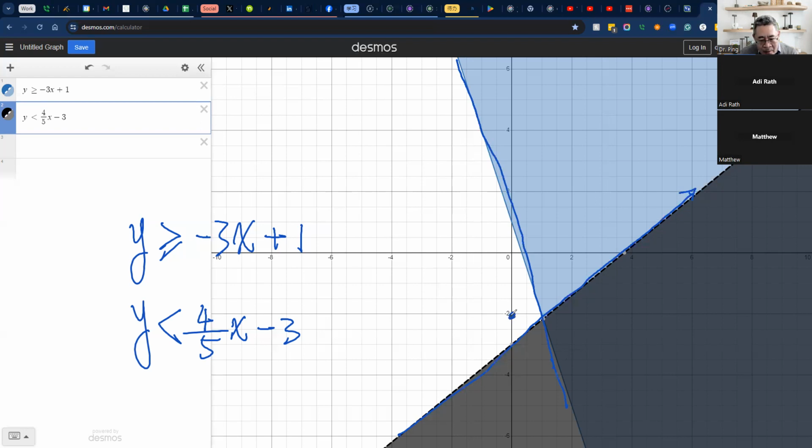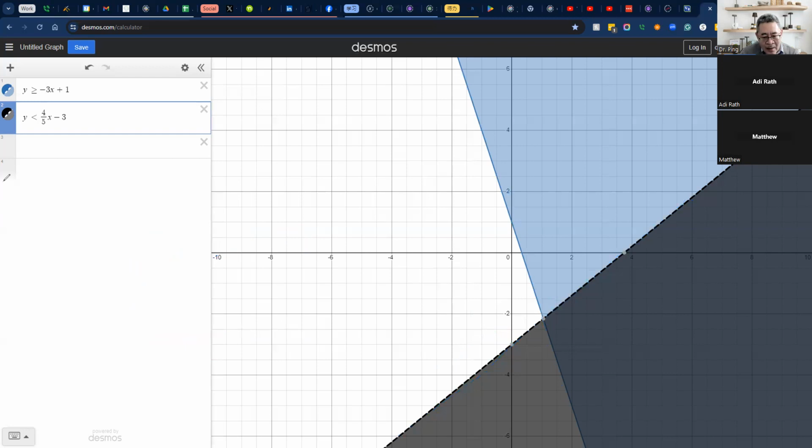In my answer, it was touching the -2 line. It was in the same area as the point, but it was a little bit up for me.